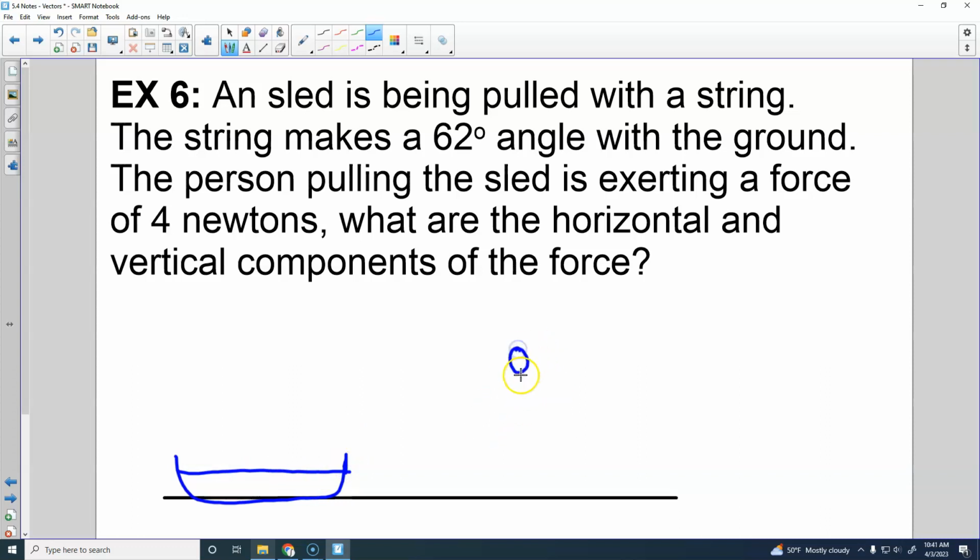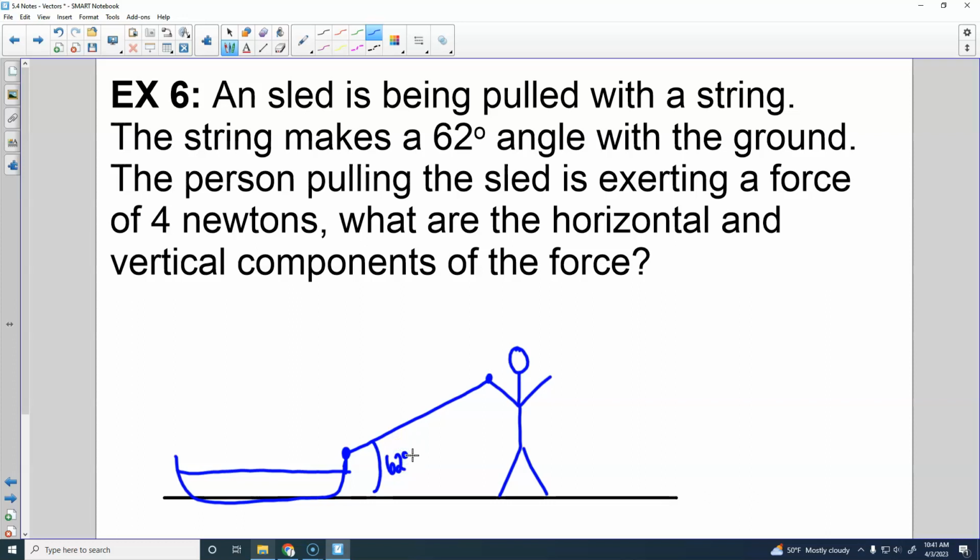And over here we have our person, and they are pulling. Actually, let me draw. Well, they're pulling the sled, and it's making a 62-degree angle with the ground.